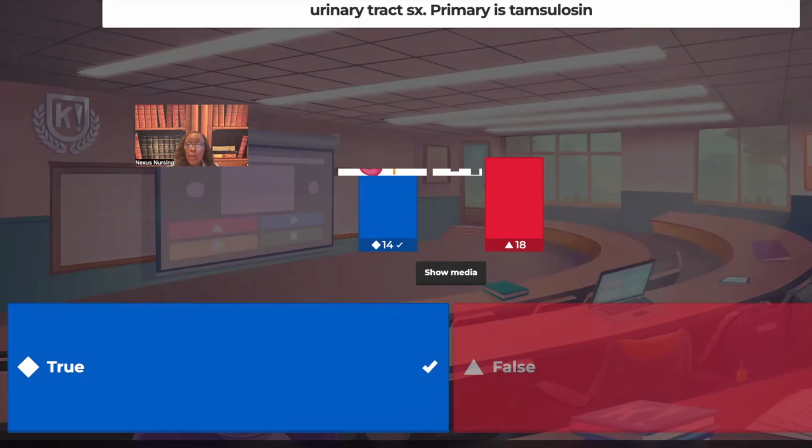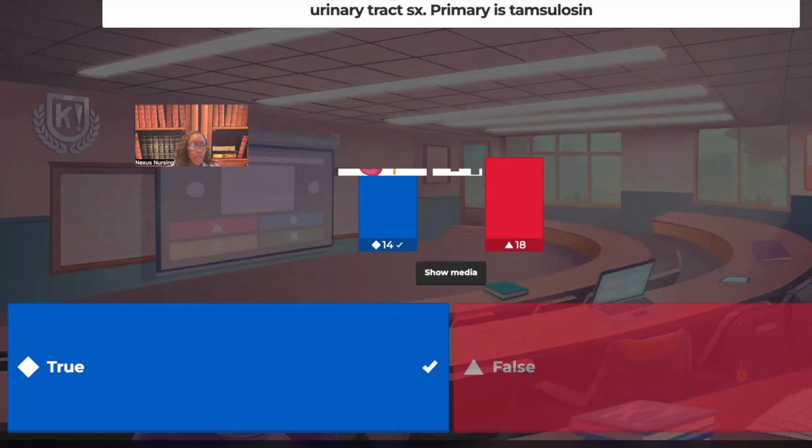But there is something going on because when I look at the PVR, the post void residual, it's increased. What do you think is causing that increase? Most likely it is that prostate that's basically choking the neck of that bladder, right? So what you'd expect to order first is an alpha blocker for instant relief.